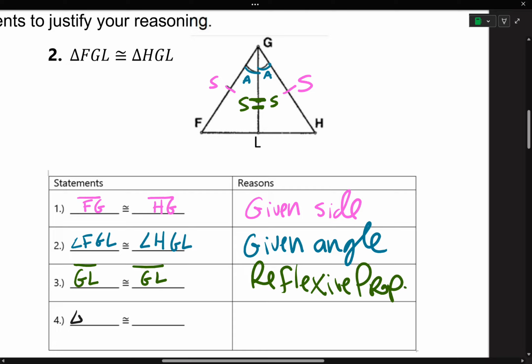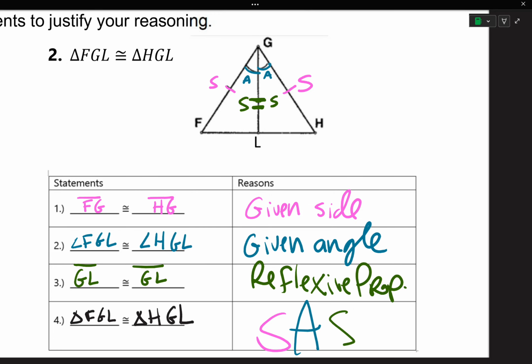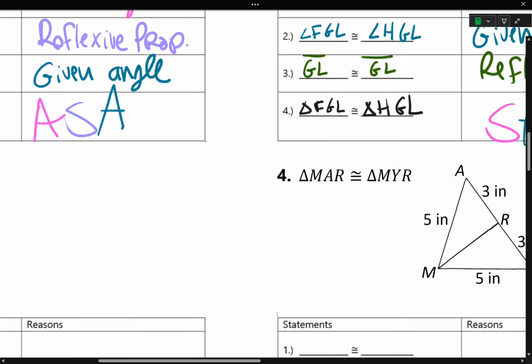Alright, so I can say that triangle FGL is congruent to triangle HGL by side, angle, side.